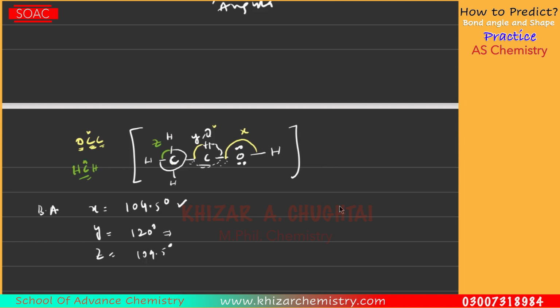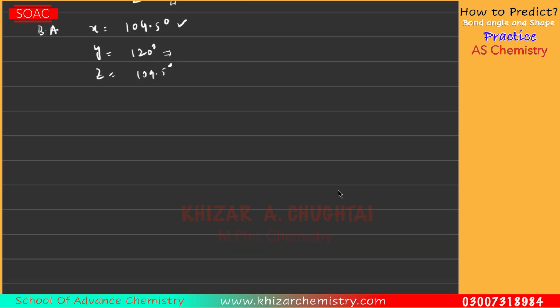Now come toward the next one. Another example that is also written in my book, POCl3. Which one element is having the maximum valency, phosphorus or oxygen? The normal valency of phosphorus is 3, oxygen is 2, Cl is 1.